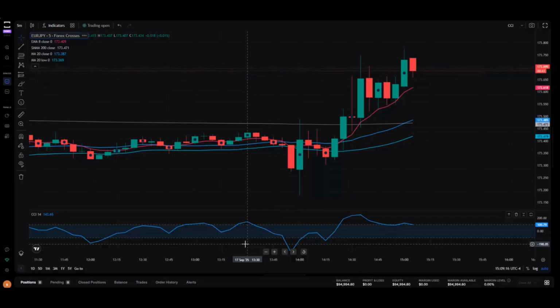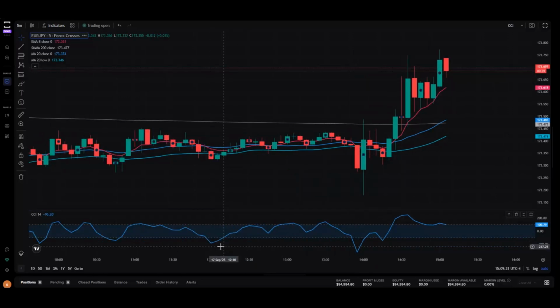So the CCI is considered an unbounded indicator versus the RSI. The RSI is bounded, so that means there is a limit to how far it'll go. The CCI, however, is not the same.